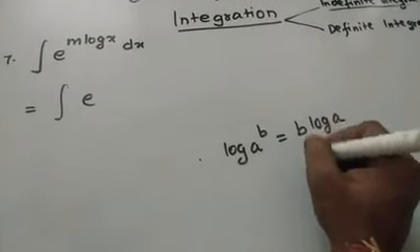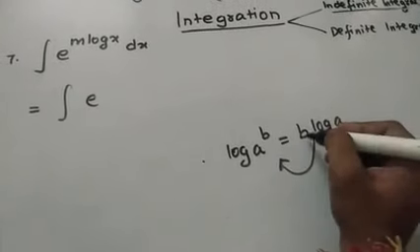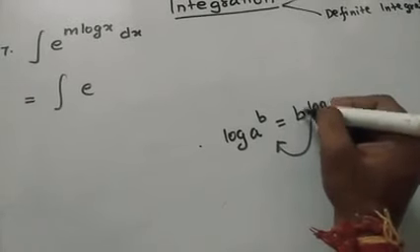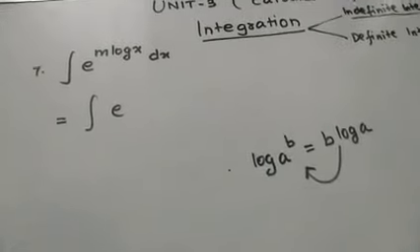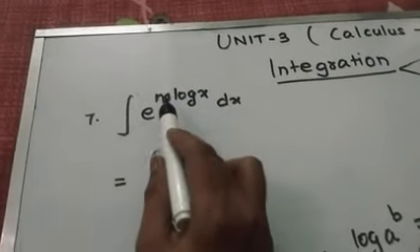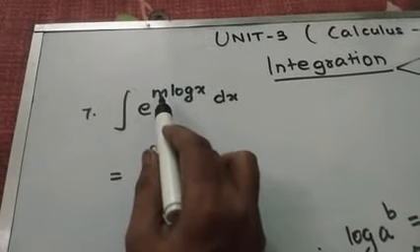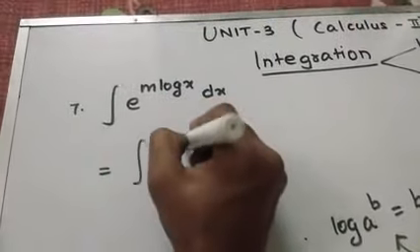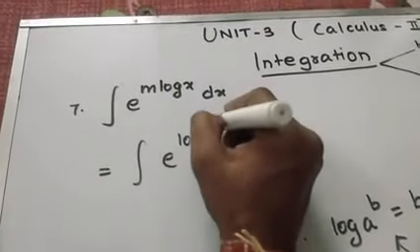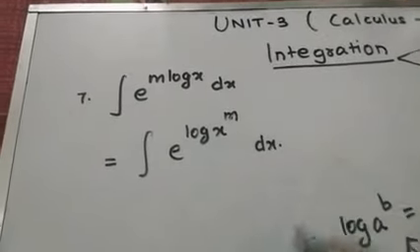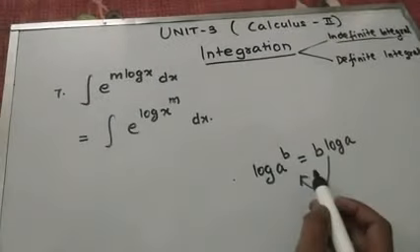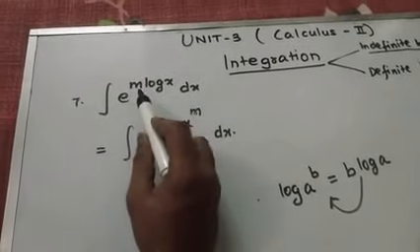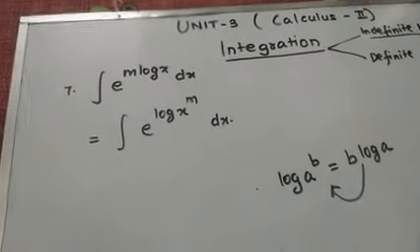The power comes in front. So if we use this formula in a reverse manner, that is, something is in front of log, we can take that term as a power. Same here also, m is in front of log x, so we can take m as the power, that means log x to the power m, by using that property.